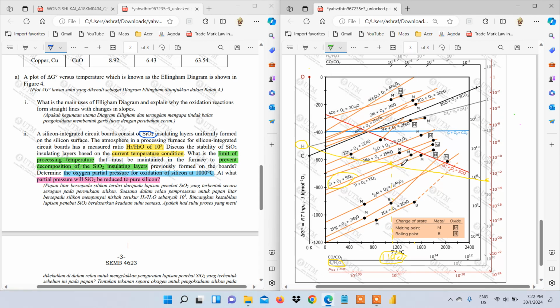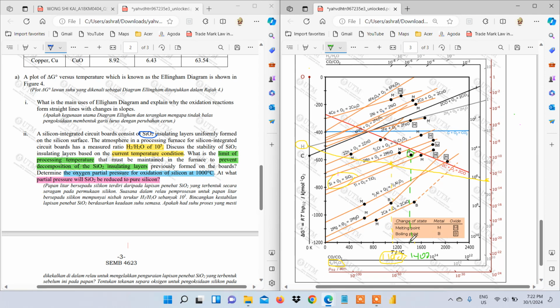Okay, so once we have our melting temperature for silicon oxide here, we just extrapolate it downwards to get our temperature. This one you guys use a ruler, this one I freehand. So it will be something like 1400 degrees Celsius approximately.